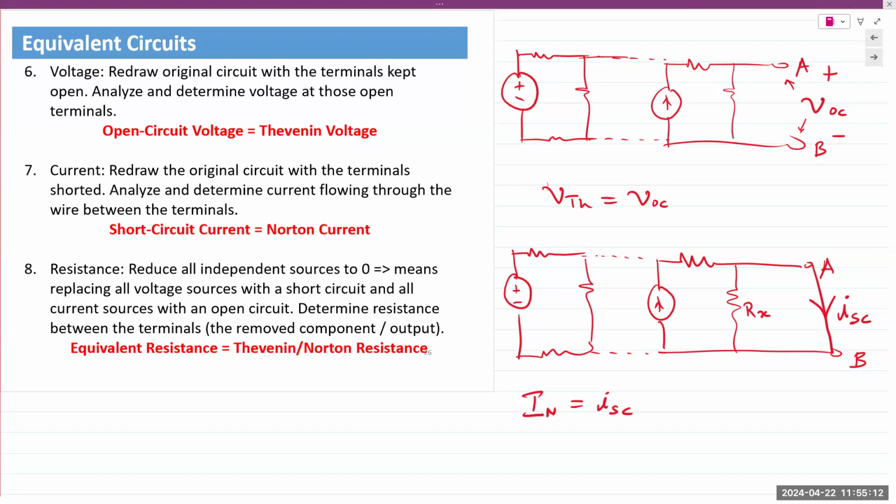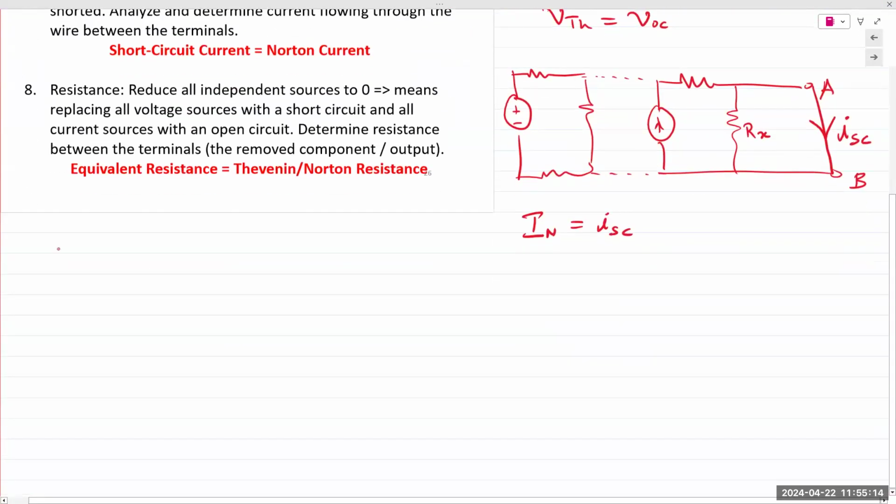All right, RTH. RTH is simply REQ as measured between those open terminals. But you cannot measure REQ if you have voltage and current sources present in the circuit. You always have to disconnect all the energy sources in the circuit before you measure your resistance.